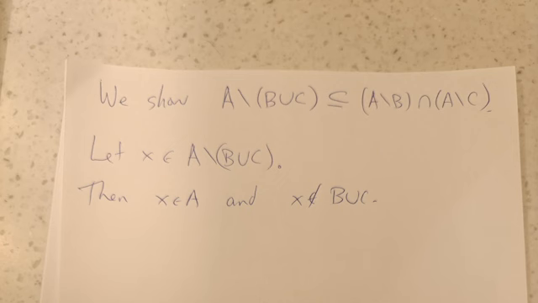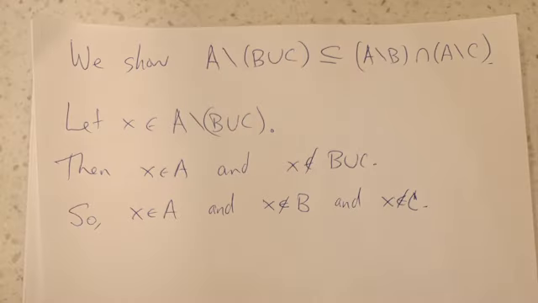It means that X is in A and it's not in B union C. Okay, so what we can get from this is that, again, X is in A, and if X is not in the union of B and C, then it can't be in B, because then it would be in the union of B and C, and it also cannot be in C, because if it was in C, it would be in the union of B and C. So what we get is X is in A, it's not in B, and it's not in C.